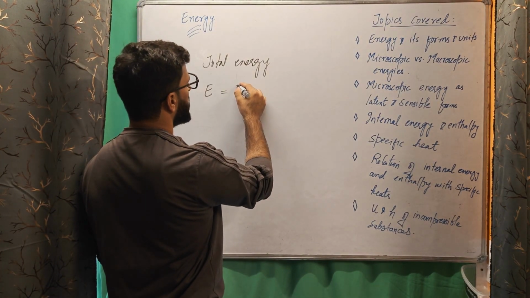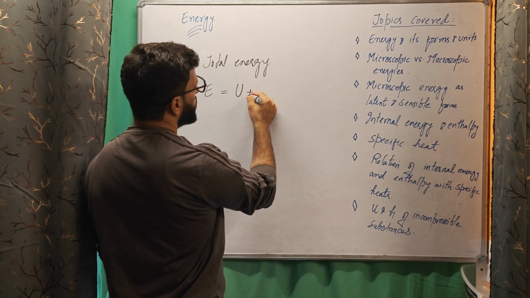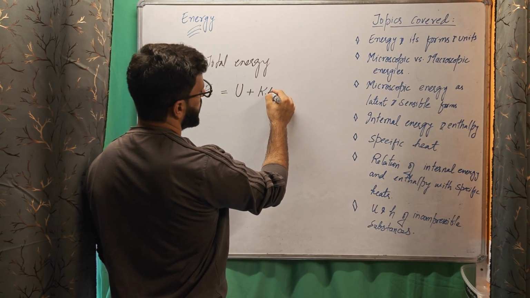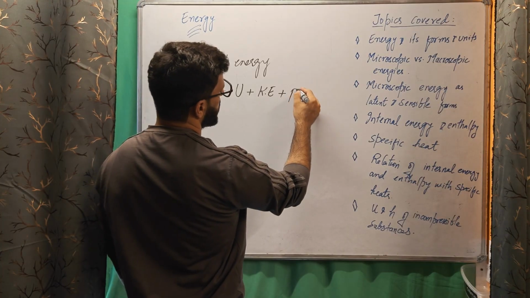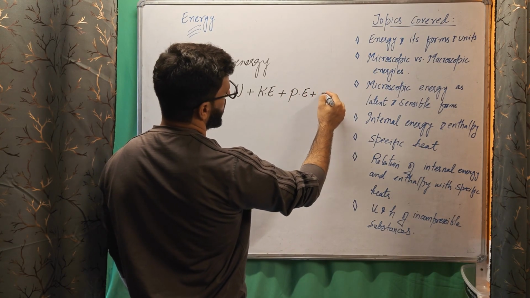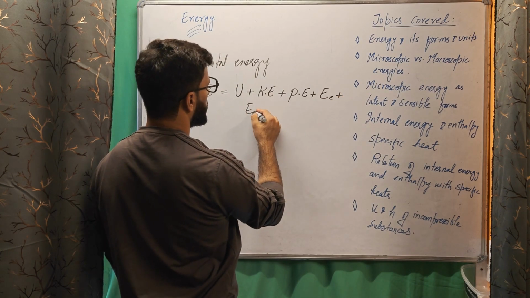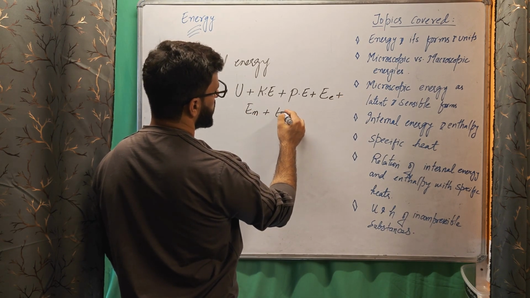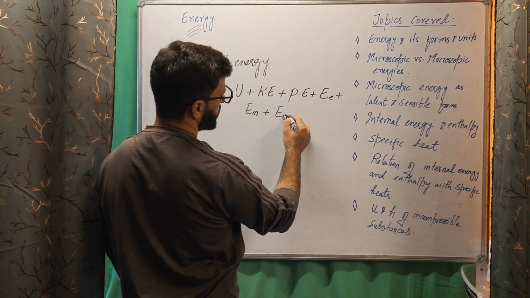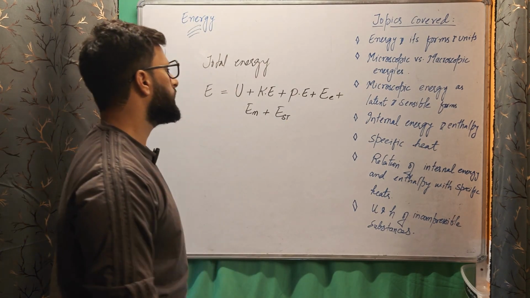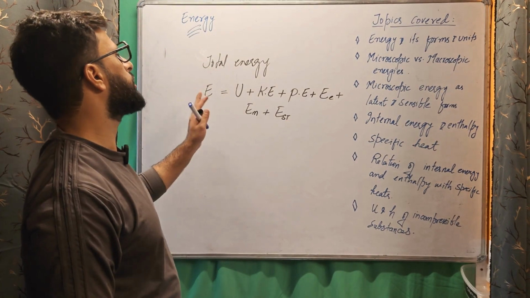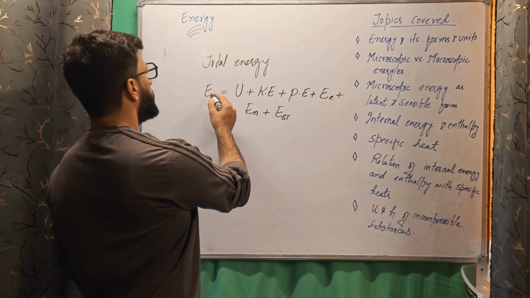For example, it possesses internal energy, kinetic energy, potential energy, electrical energy, magnetic energy, then surface tensile energy, etc. All these forms of energy of a system are called the total energy of the system, denoted by capital E.